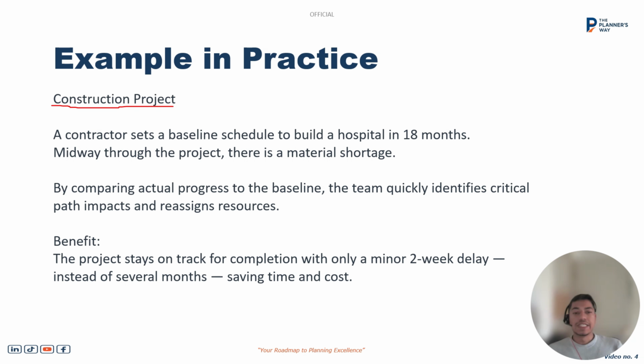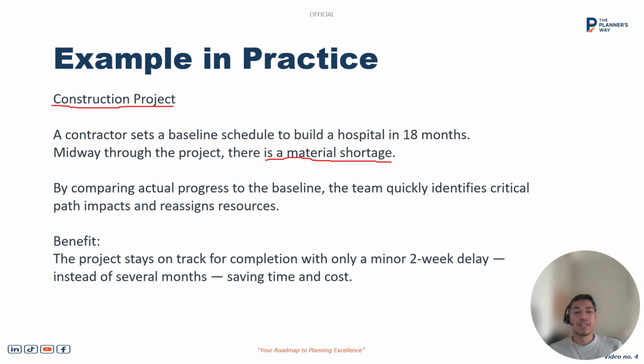So firstly, we need to understand the risk of the material shortage, what activities the shortage is impacting, and we go back to our project baseline and see which critical items the material shortage is impacting, and whether there is any way we can get back on track or mitigate that shortage.